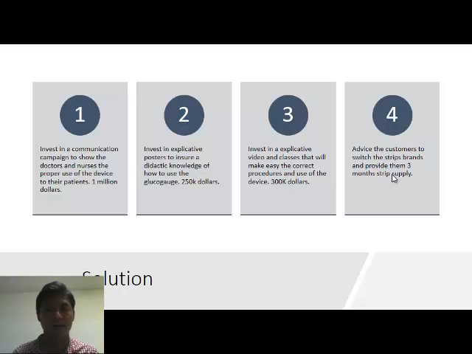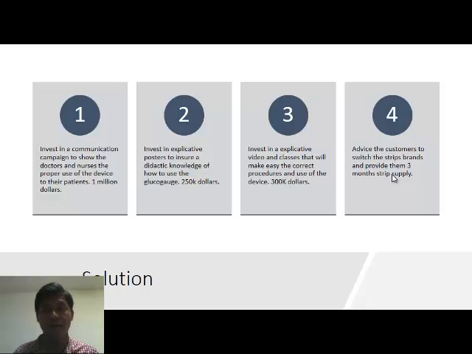Also, invest in explanatory videos and particular classes that will easily help the customers to correct their use and do their glucose readings well.